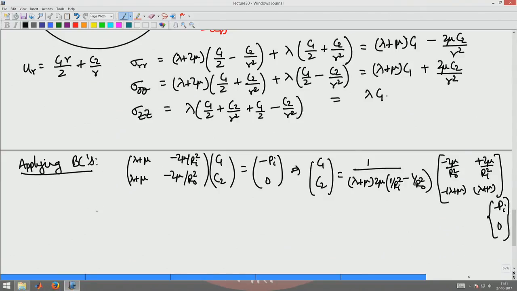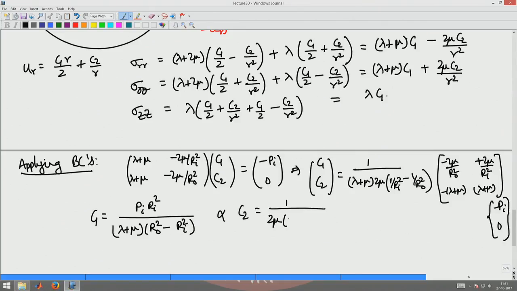That gives us the constant C1 to be Pi Ri square divided by lambda plus mu into R naught square minus Ri square, and C2 would be 1 by 2 mu R naught square minus Ri square Pi R naught square Ri square. Okay.